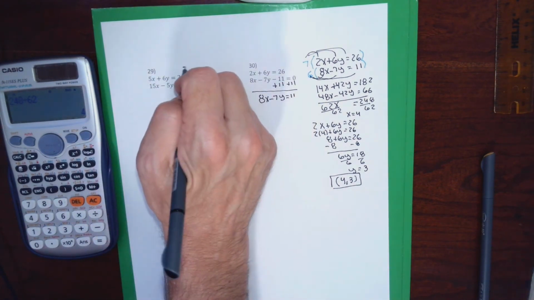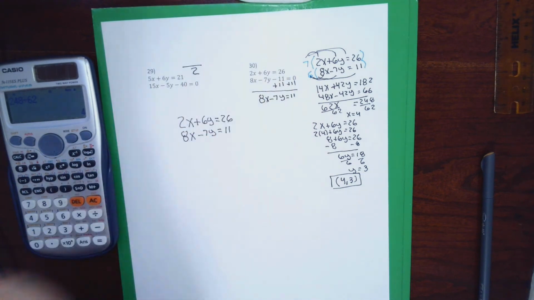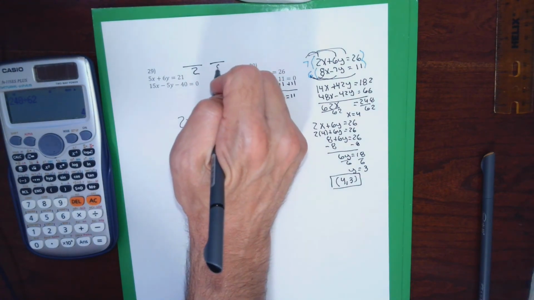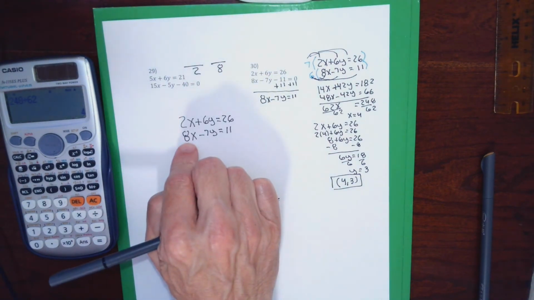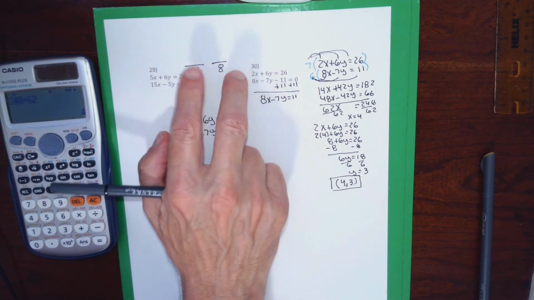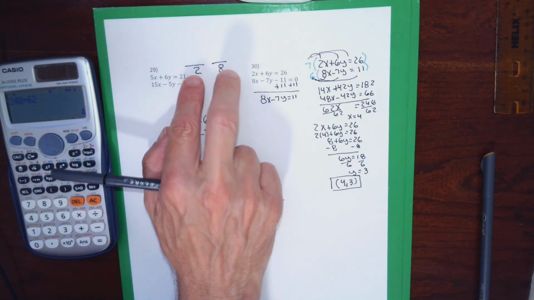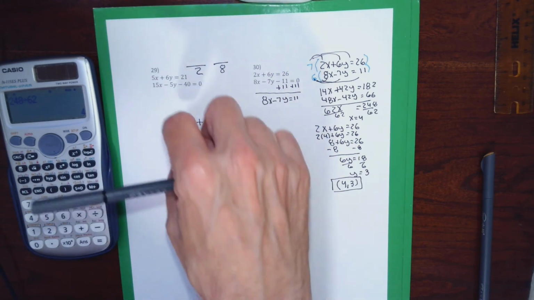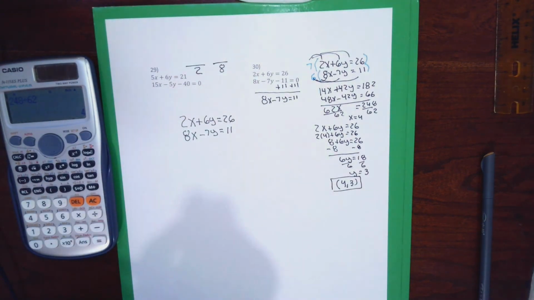So like if the 2 in the first term was in a denominator of a fraction, and the 8 in front of the x was in a denominator of a fraction, if we needed to get a common denominator, the common denominator between these two would be 8. That means I could make the numbers in front of the x's both 8, make one of them positive, one of them negative to create my opposites.